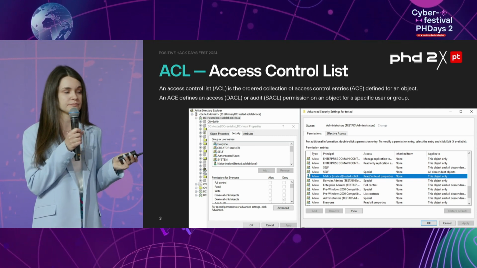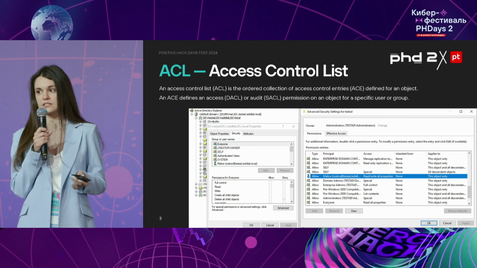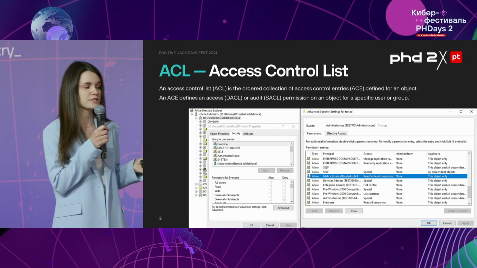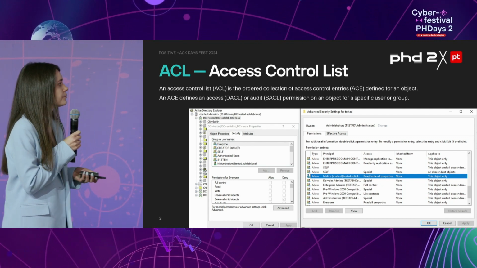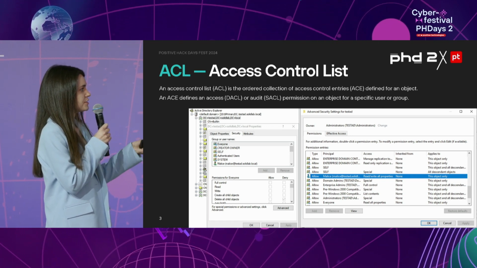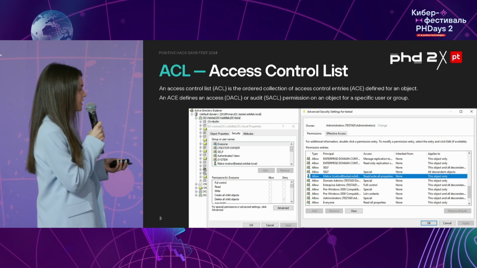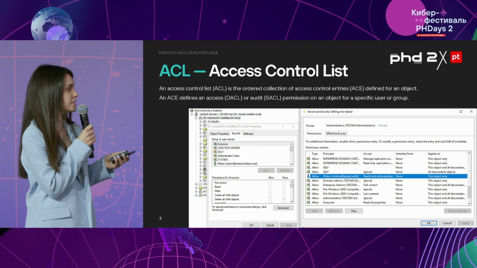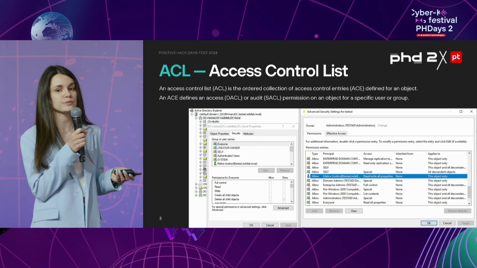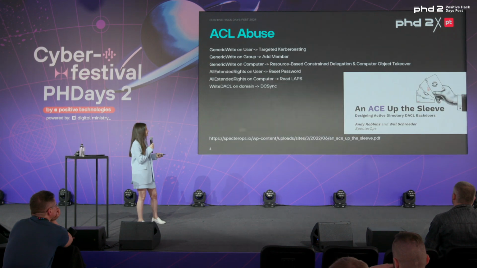It determines access and audit settings. So if I say ACL, I will mean this. On the slide, you can see such an ACL. Here is a domain object, and there we found an ACE for the malicious user who can write all properties to the domain object.